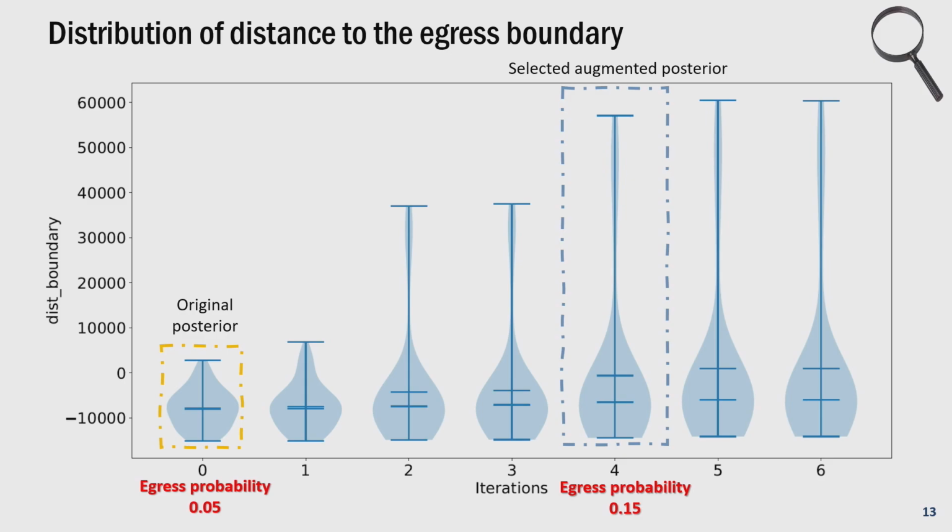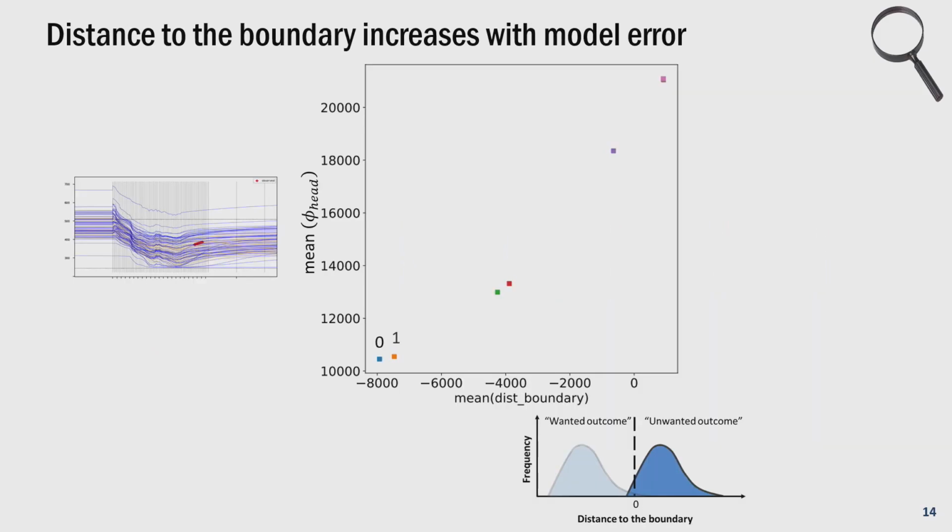Okay? So we continue exploring our results further, and we developed this plot to show the trade-off between distance to the boundary and the error component related to our observations. As you can see, as we go through the iterations of PEST-IES, the mean distance to the boundary increases, and we have a moderate increase in our error.